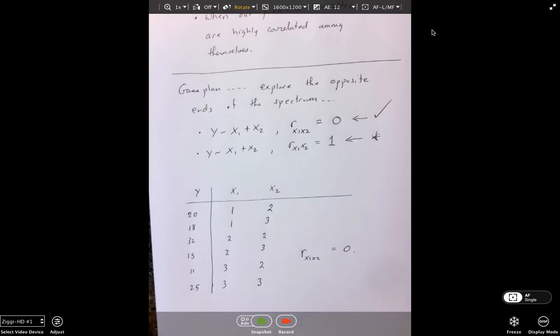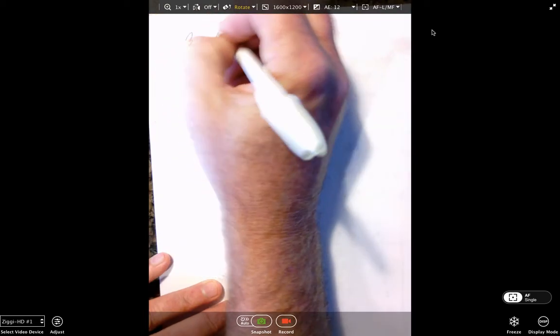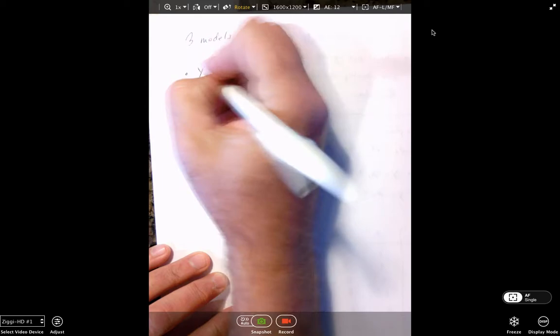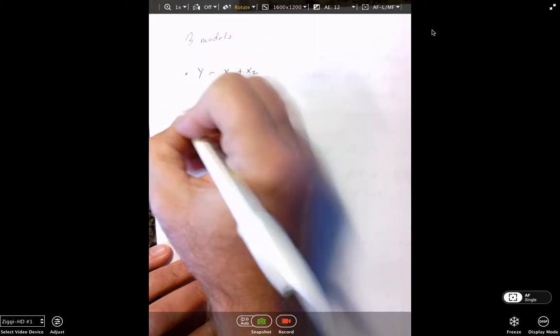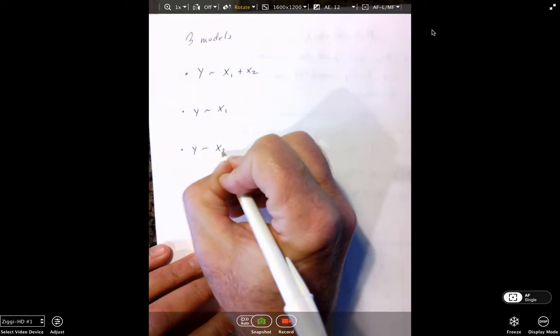Now, I want to keep a running total of our work here, so let's get this started before we jump over into R. What I want to do is look at 3 models: y regressed on x1 plus x2, y regressed on just x1, and y regressed on just x2.